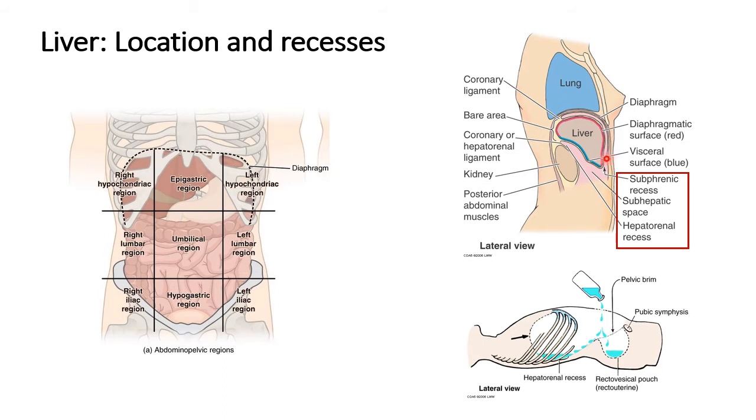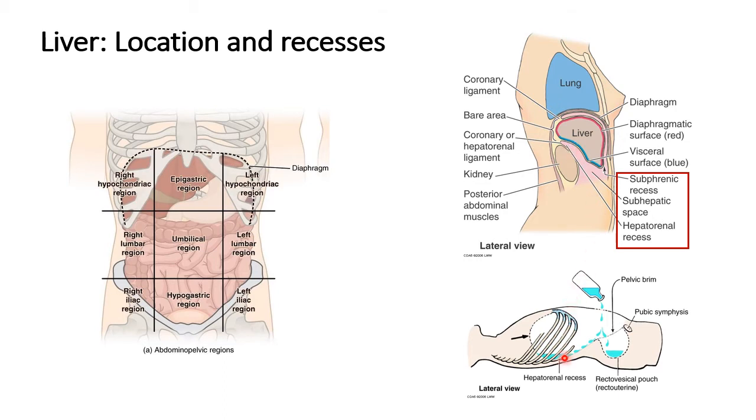There is also a subhepatic recess, which is this one just below the liver. And there is also a hepatorenal recess, a deeper one, this one. It's between the liver and the right kidney, and this is called the hepatorenal recess or the hepatorenal pouch.